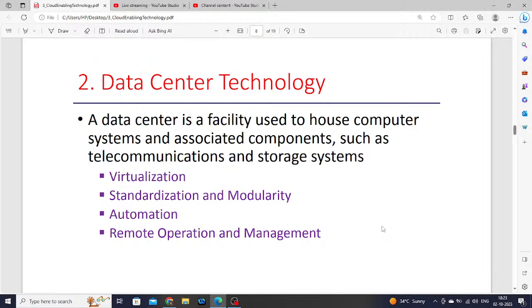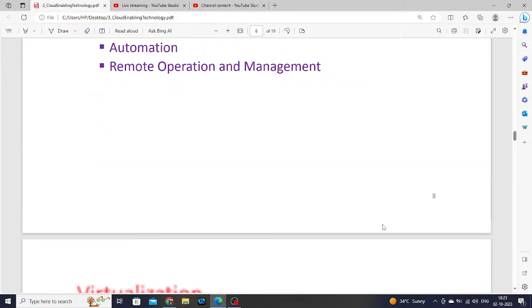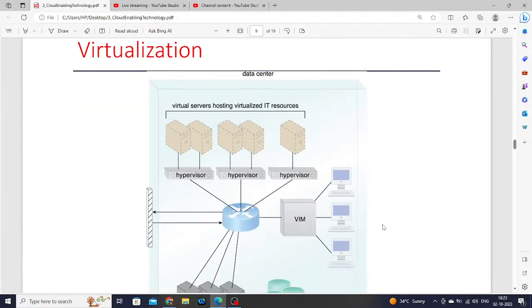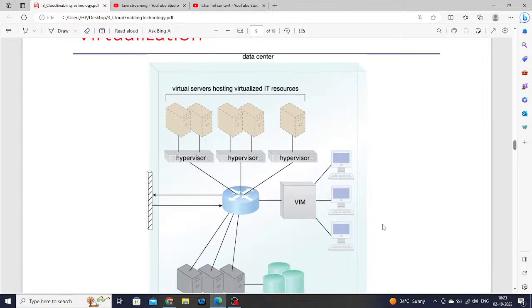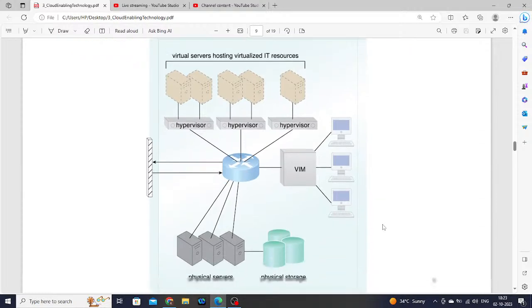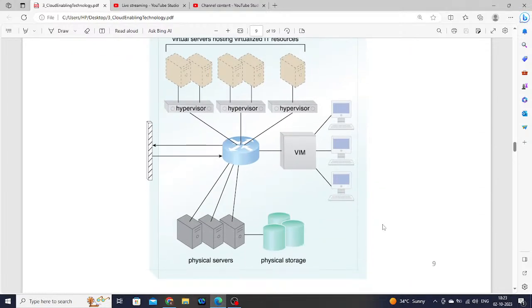And standardization and modularity and automation and remote operation and management. Then virtualization. In a data center, a virtual server hosts virtualized IT resources like your hypervisor. The hypervisor is a midpoint where the VM, virtual machine, uses that data.